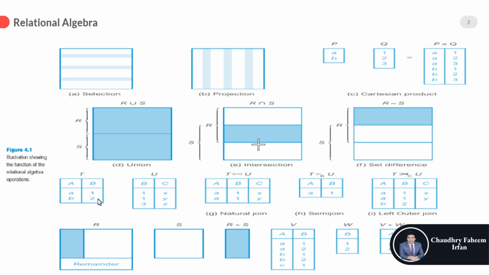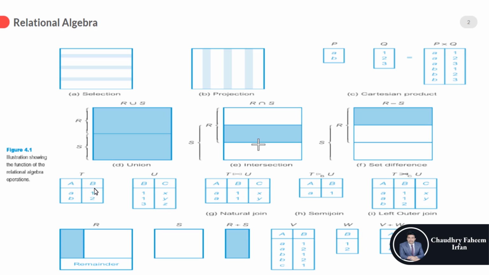And like that, here are the two tables, T and U. T with A, B attributes, 1, 2, and U with B, C attributes 1, 1, 3, X, Y, Z. And now we are going to perform natural join. You know that natural join is based on the same domain, same name in two relations.